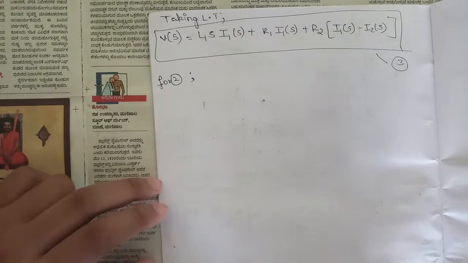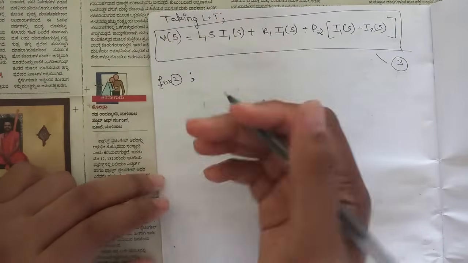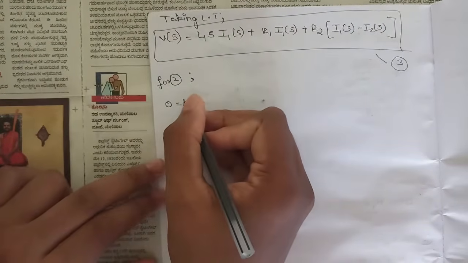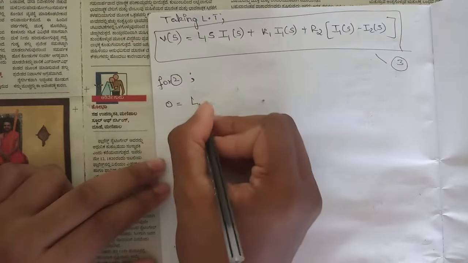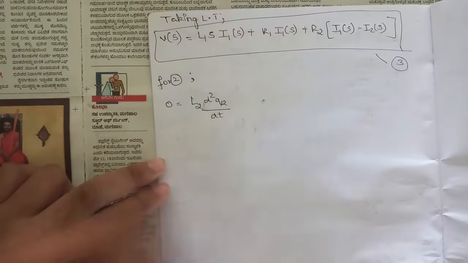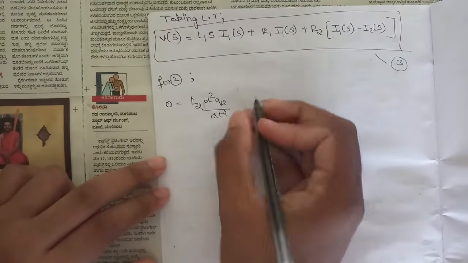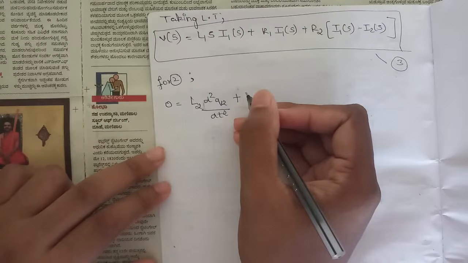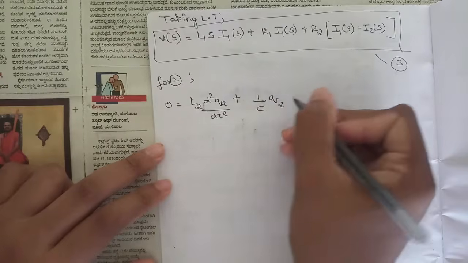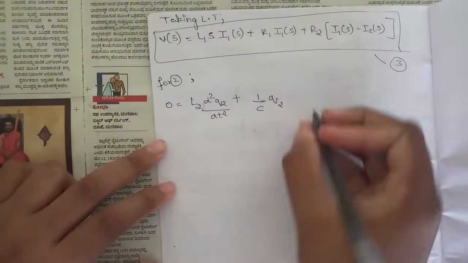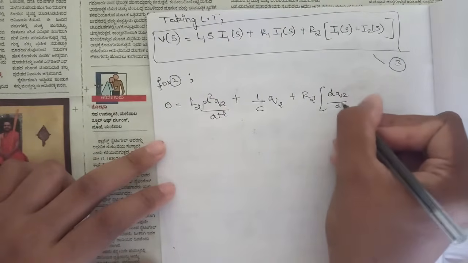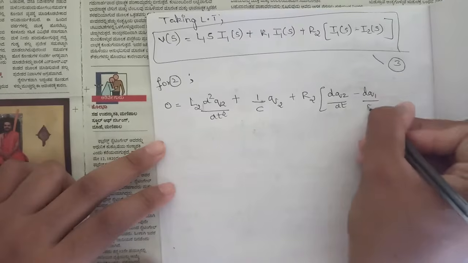So in that equation we know that force is 0, so if we replace f by v, again it is 0 itself, and again m2 is replaced by L2, so L2 into d square q2 by dt square, again x2 of t is replaced by q2, plus 1 by c q2, k is replaced by 1 by c, right, plus r2 into dq2 by dt minus dq1 by dt.